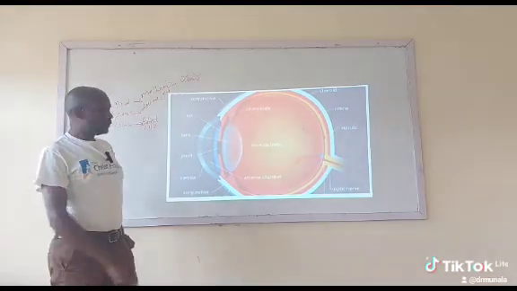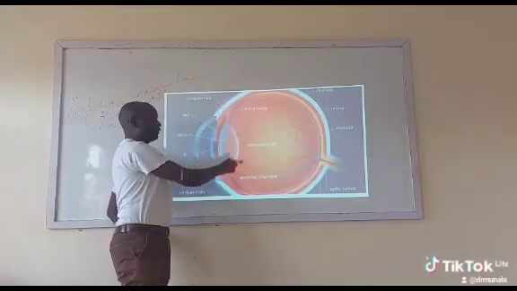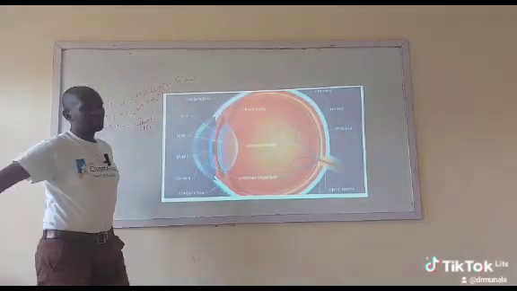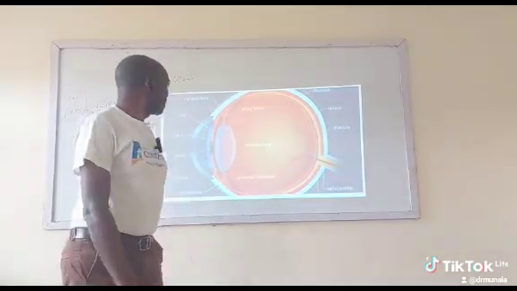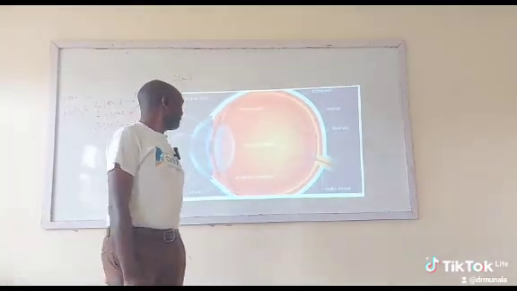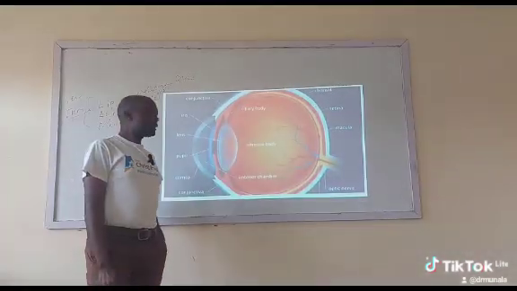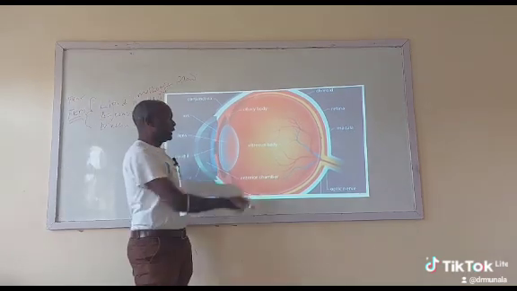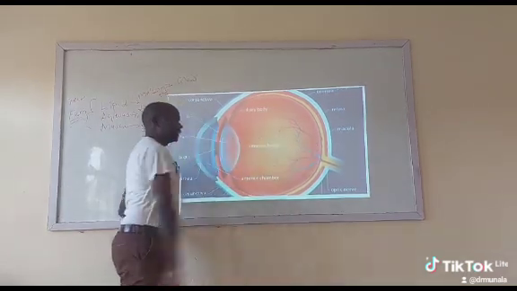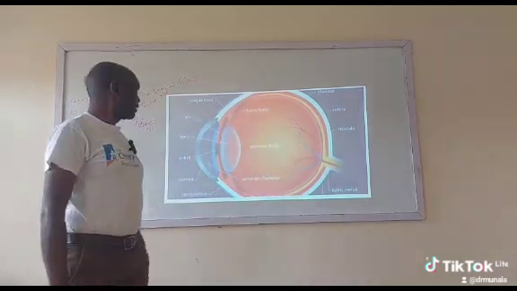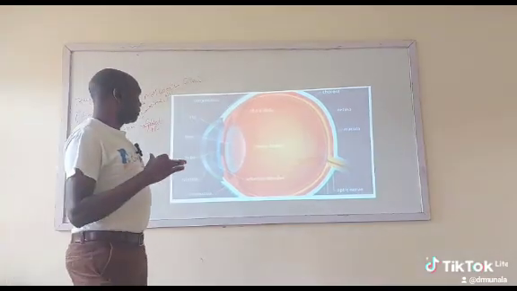What we need to know is that the function of the lens is to do what we call accommodation. Accommodation is basically to focus the light on the retina so that you can have a clear view of the object.